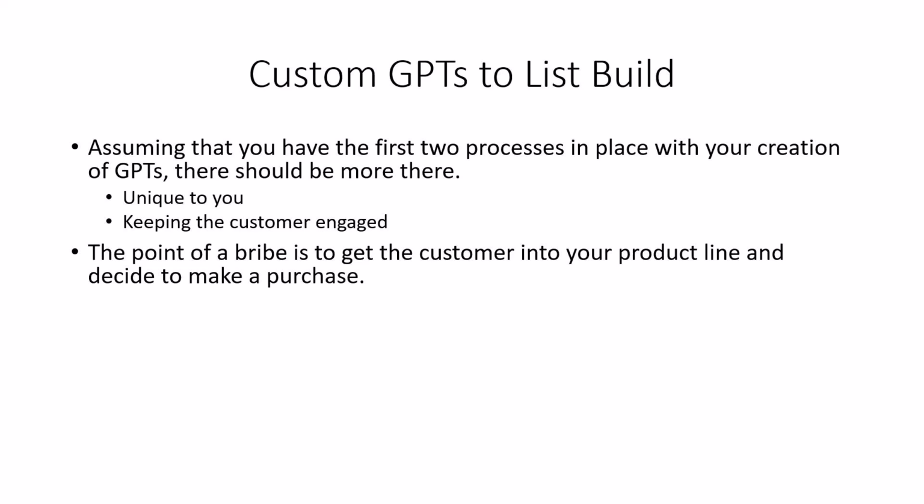The point of getting people into our list is to get them into the product line. So you've got to follow through. So you can't stop at creating an opt-in bribe that gets them onto your list. You've got to keep the pressure on inside of the bribe to get them to make a purchase, to decide, to get them into your product line. That's why you list build.